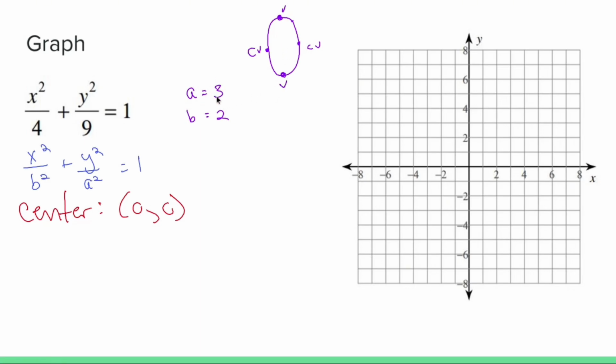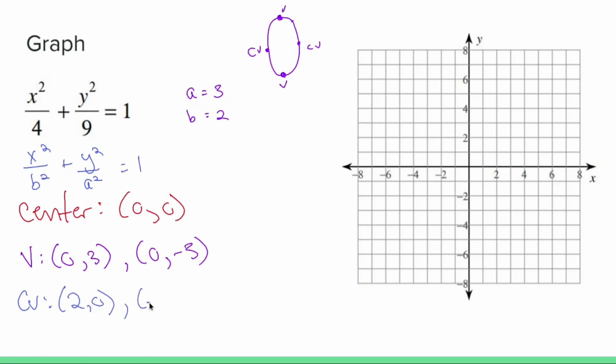So that's going to be 3. That tells us that my vertices are going to be 0, 3, and 0, -3. That would then make my co-vertices 2, 0, because it's attached to the b, and -2, 0.